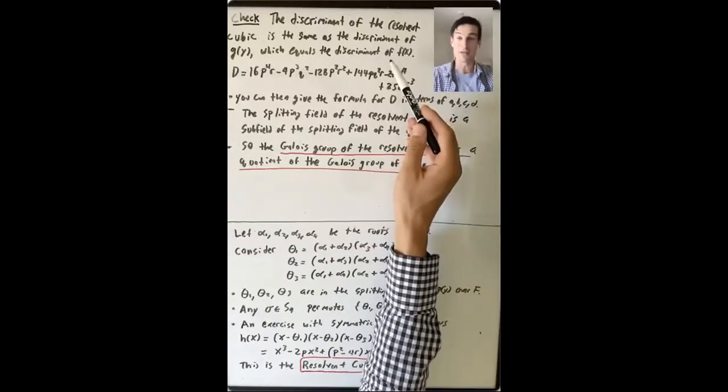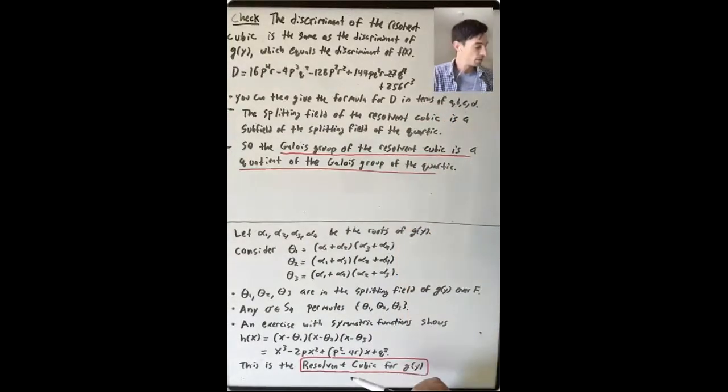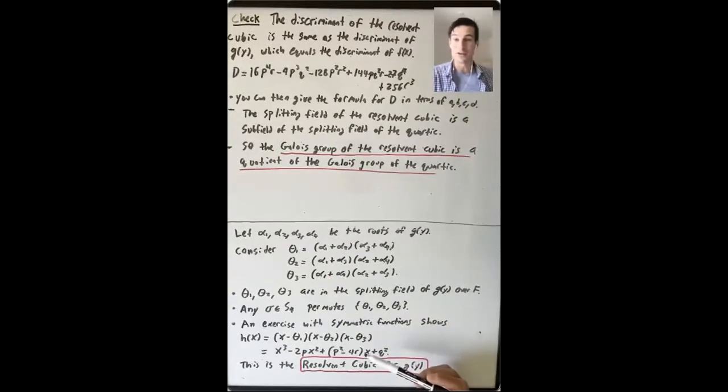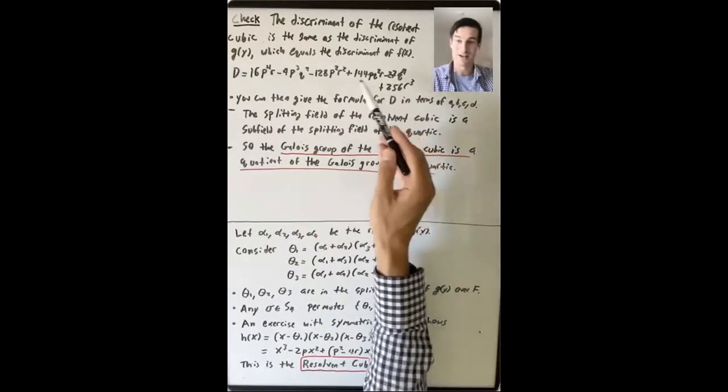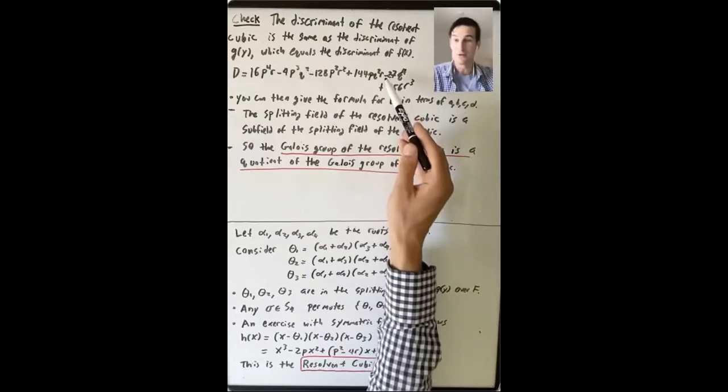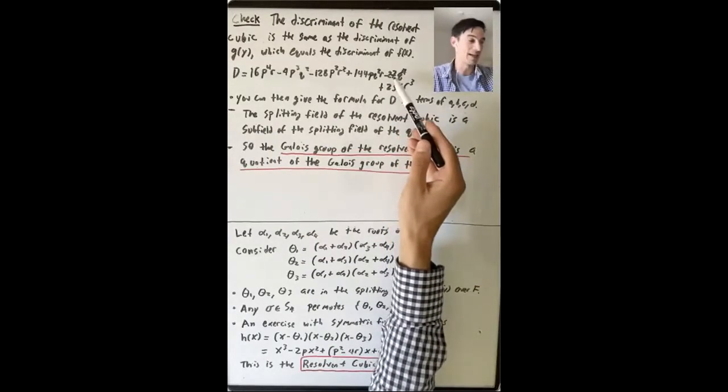So you can compute the discriminant of the quartic by computing the discriminant of the resolvent cubic. And okay, you can do this in terms of the coefficients of the resolvent cubic, and what you get is some big expression that I've written here. You can see the details in Dummit and Foote.